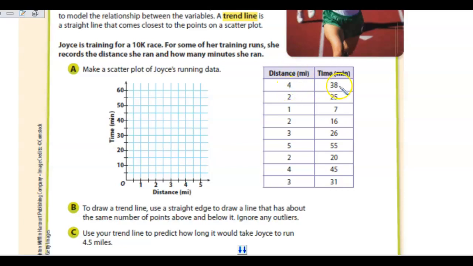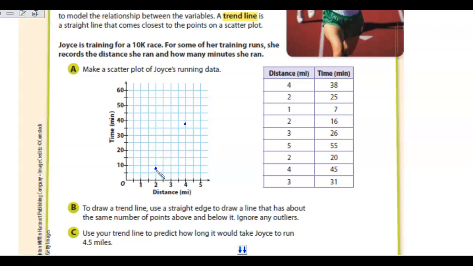So at 4 miles, she had 38 minutes. And so that's going to be about here. 2 miles and 7 minutes.